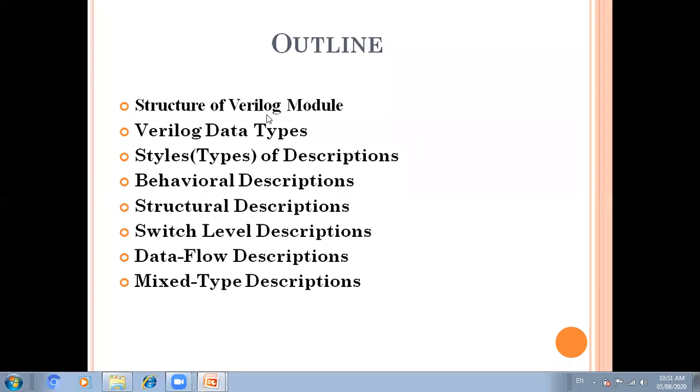Then we'll go on to the structure of the Verilog module. Then what are the data types which are used in Verilog, right? Again, what are the operators? Operators are common, only the representation, we can say the syntax, is different in the case of VHDL and Verilog, right?